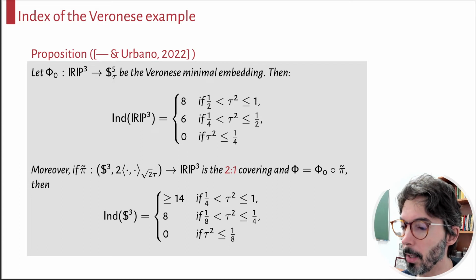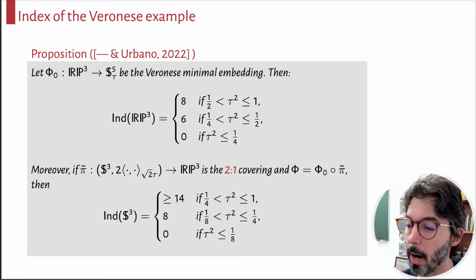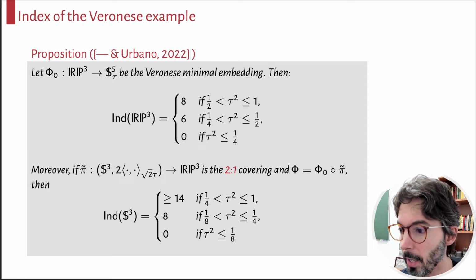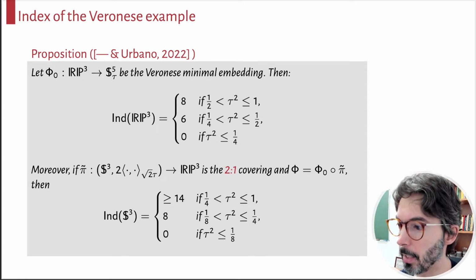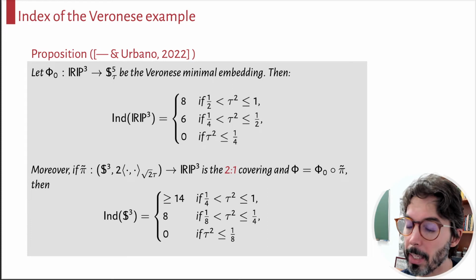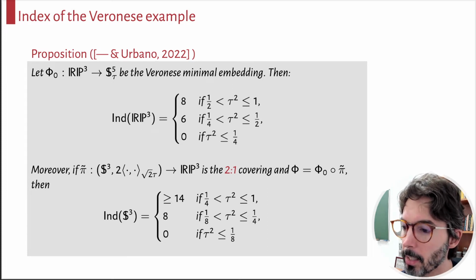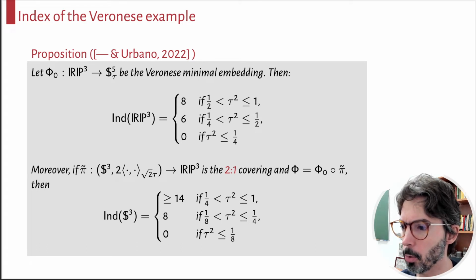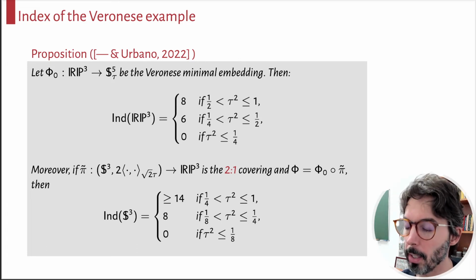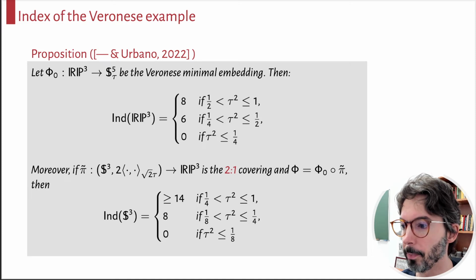If we consider the 2 covering of the 3-sphere over RP3, then in this case it is stable if tau squared is less than or equal to 1/8, a smaller value of tau squared, and then the index goes increasing until we arrive at the standard sphere that corresponds to tau equals 1.